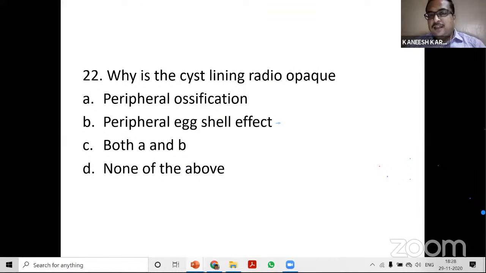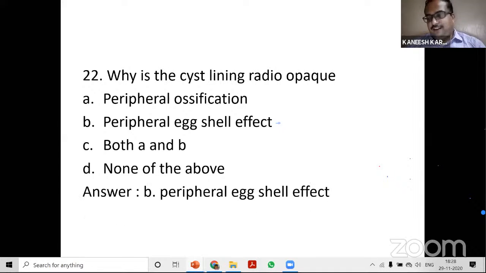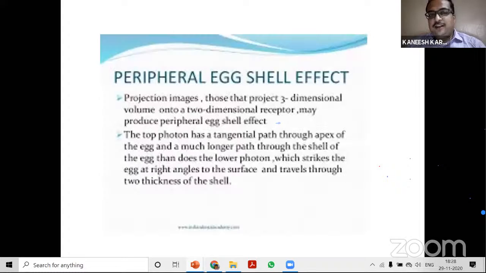Why is the cyst lining radio opaque? Wow, very good, very good. It is the peripheral eggshell effect. Okay, peripheral eggshell effect. What is the peripheral eggshell effect?